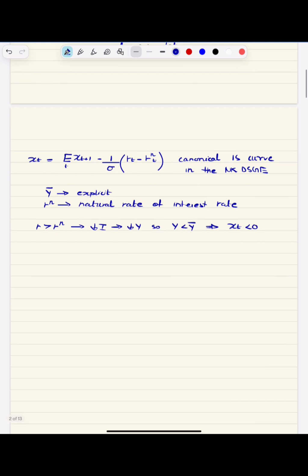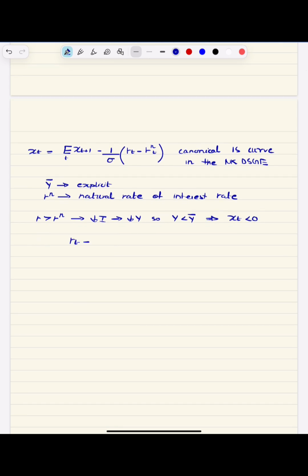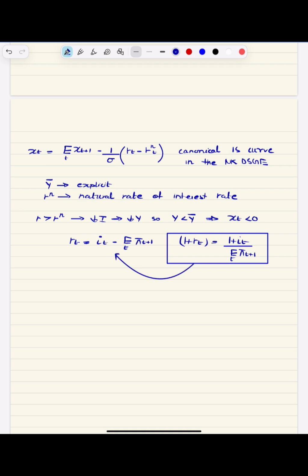Another thing to remember is that the real interest rate equals the nominal interest rate minus the expected inflation rate. This was derived from the equation 1 plus Rt equals 1 plus it over the expectation of inflation, which was derived from the no arbitrage condition. So from this box on the right, we applied logs and ended up at the Fisher equation.